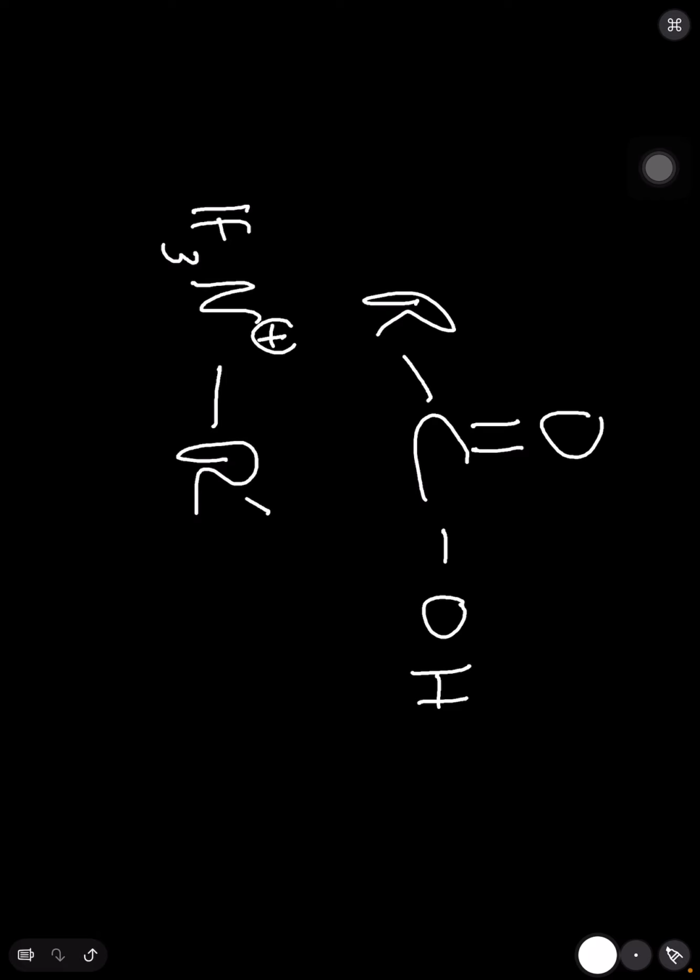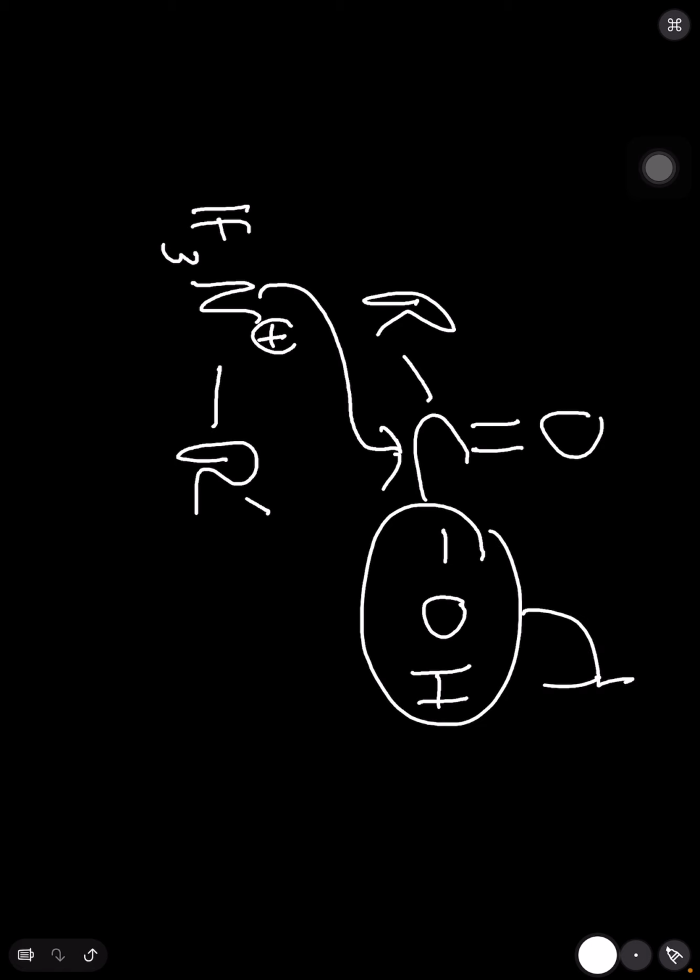So basically, here's what happens. It's actually a very simple general mechanism. What happens is the nitrogen can attack the carbon on your carboxy terminus, and OH minus can be given off. Actually, sorry, I made a mistake. Let me fix this mistake.